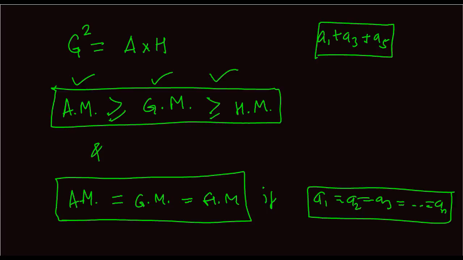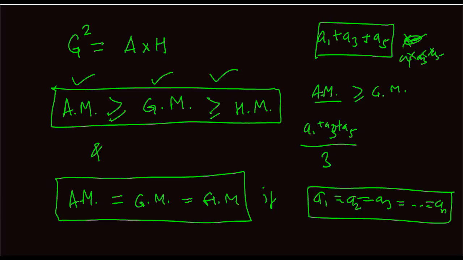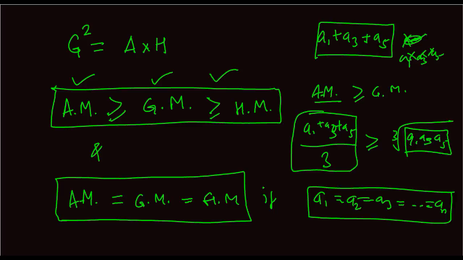As AM is greater than or equal to GM, we can write (A1 + A3 + A5) upon 3, the arithmetic mean of these three numbers, is greater than or equal to the cube root of A1, A3, A5. Their product is given, of course. So if this is given to you, you can find the minimum value of this expression.